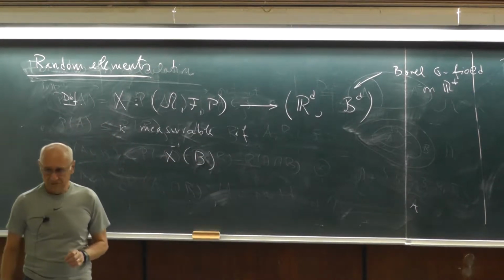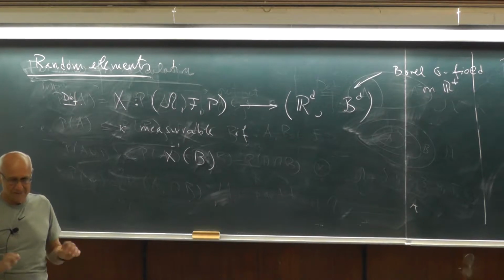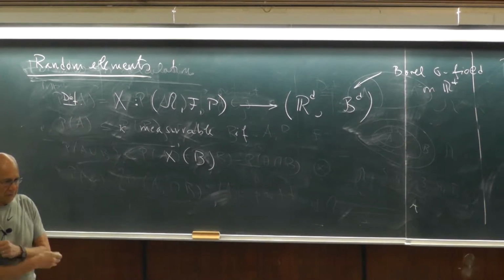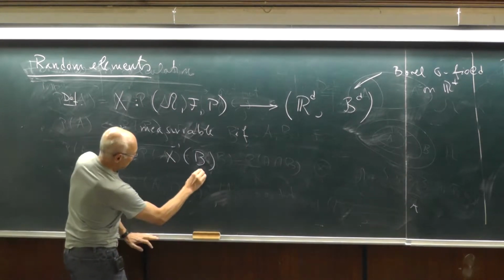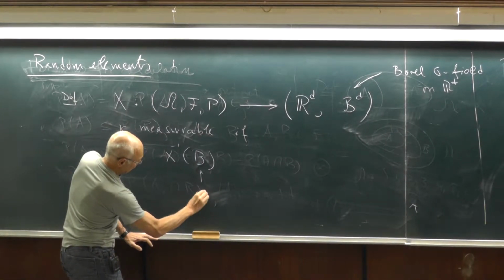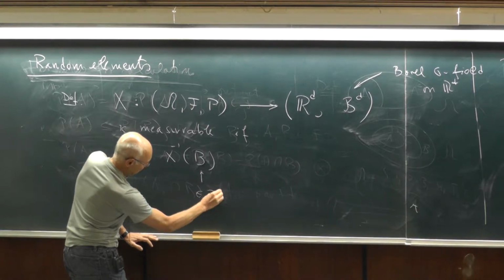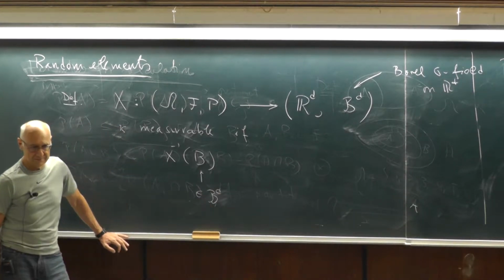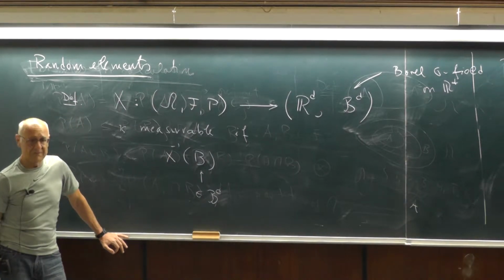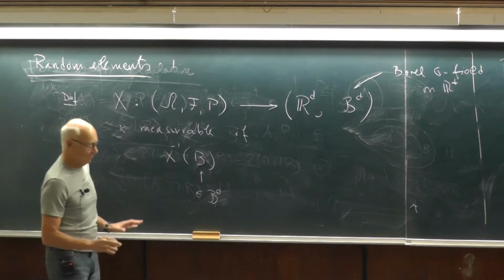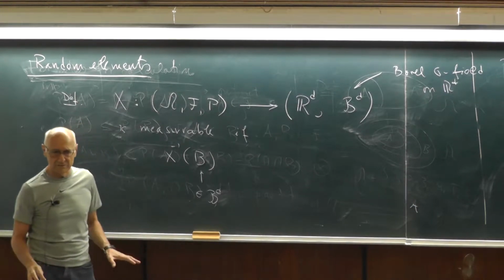Okay. I'm going to go slowly with this one to make sure that we grasp the physical content of it. B is a Borel set, that is, it is in this Borel sigma field. So X inverse of B. What does it mean? I'm sure you know it, but let me write it anyway.